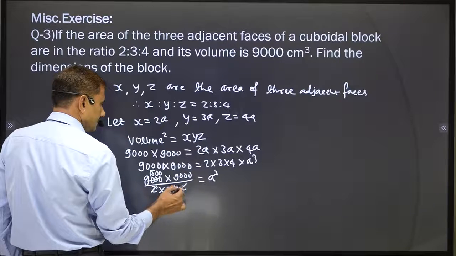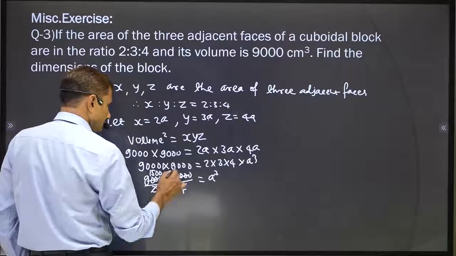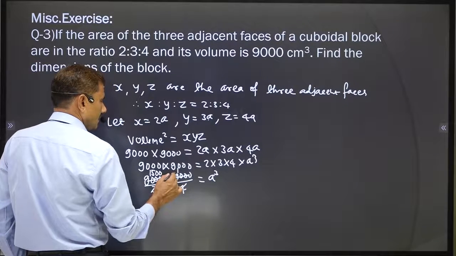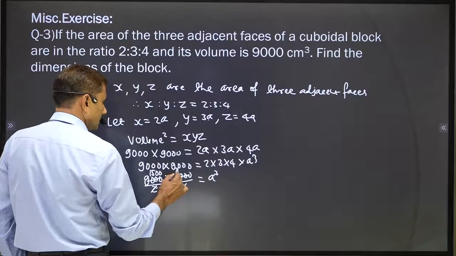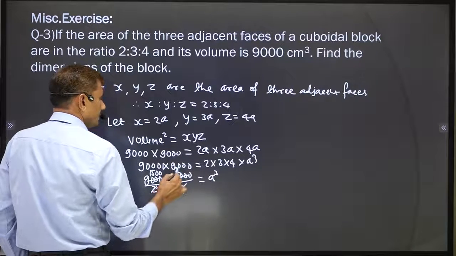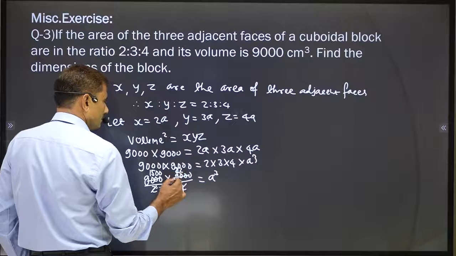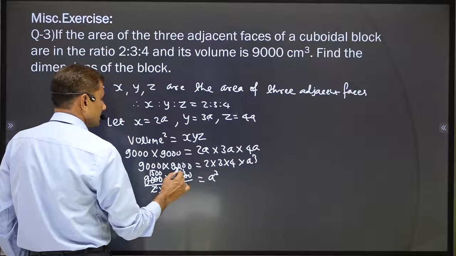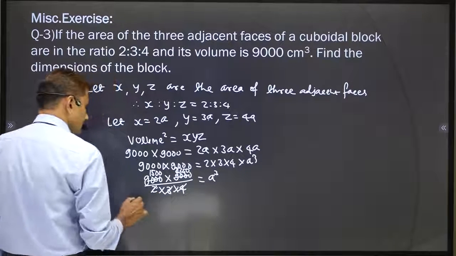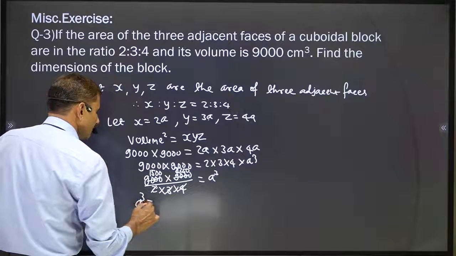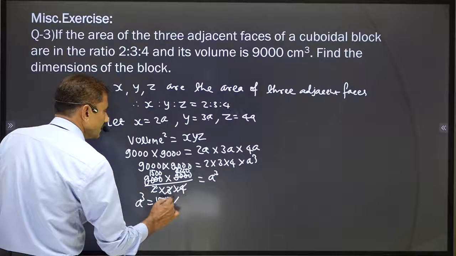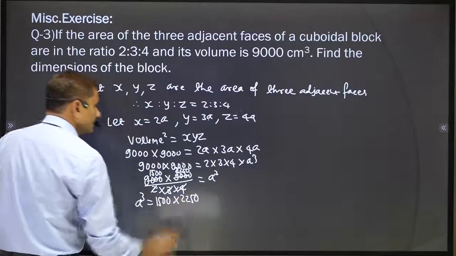So 4 1s are 4, 4 2s are 8, 4 5s are 20, 2250. So what is left? a cube equal to 1500 into 2250.